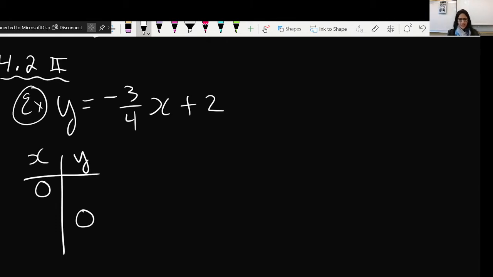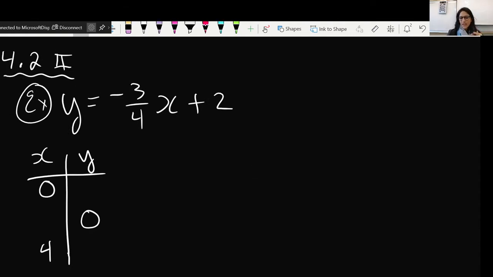So let's say we are given these values for the x and y, but we need to fill in, like for the first one here, if x is 0, we need to figure out what y is going to be here. Do you all know how to do that? Okay, let's go through it together. So we'll go through a few examples, and this will allow you to do the next part in the workbook.